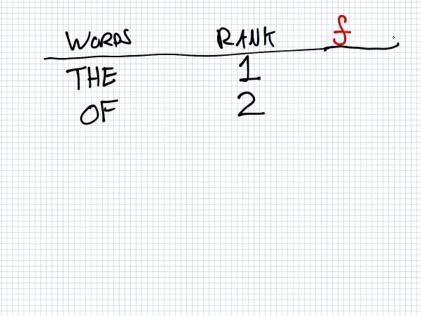The frequency meaning how often we see this word. So for example, for the first one I tell you the frequency of the is 7%. 0.07. What that means is 7% of words will be the. So if you look at 100 words, 7 of them will be the. And then for the next one, of, what did I tell you? Is 3.5%. I think I have all my info now. Okay.